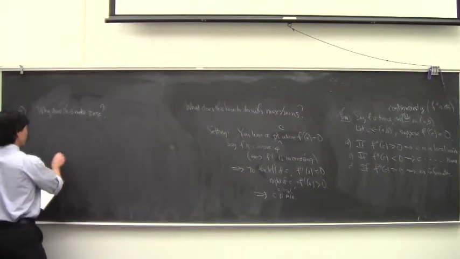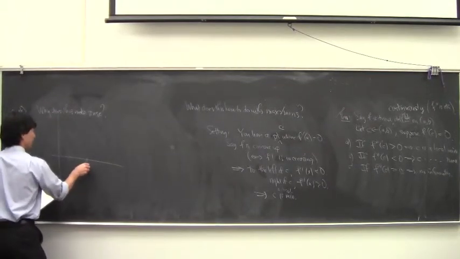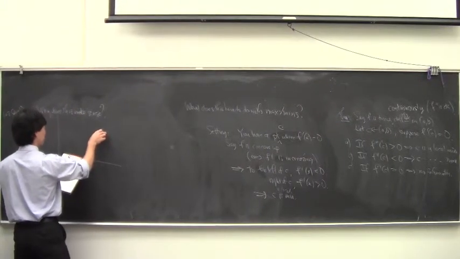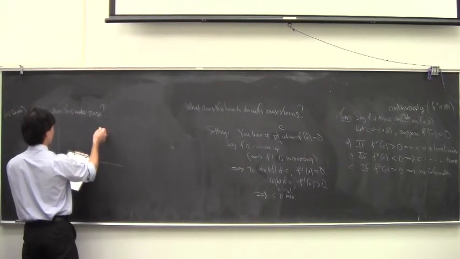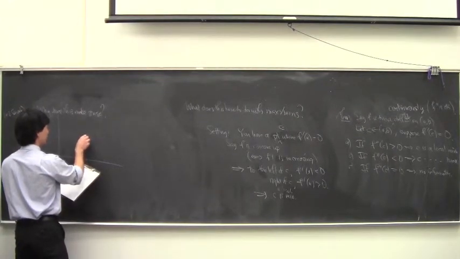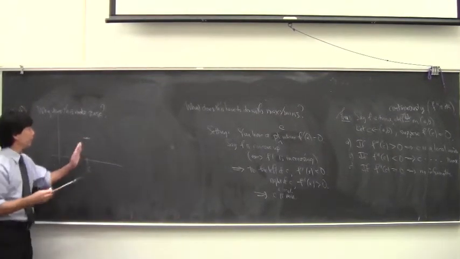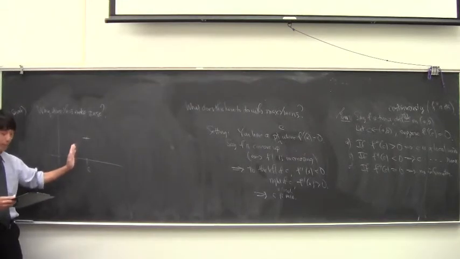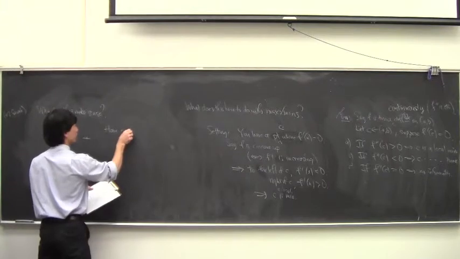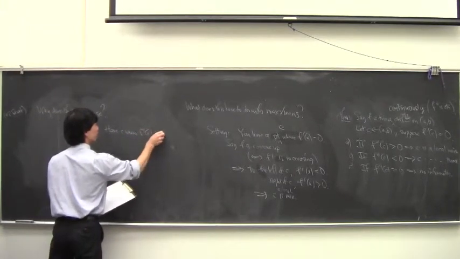Okay. So you have this function, and it's basically what Sarah said. You have some point c, and you know that the derivative at that point is 0, right? You have c where f prime of c is 0.